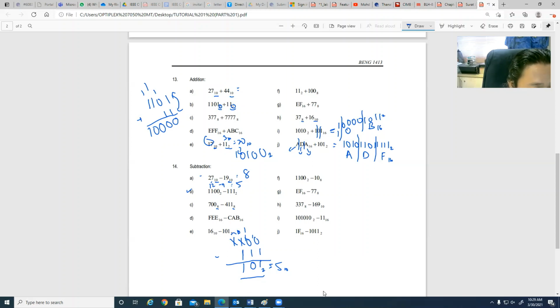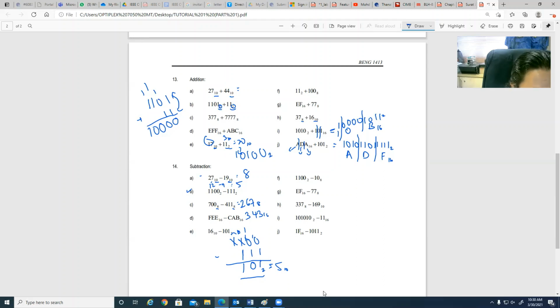Then you can convert again to the octal. For example, the answer for C will be 267 octal. And then for D the answer will be 343 in hexa. So today you can try to double check with my answer.